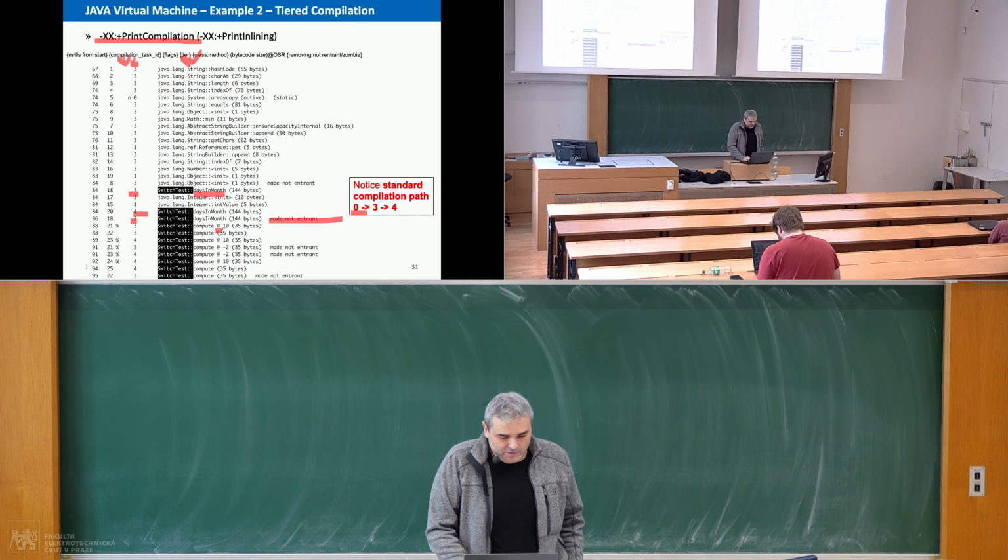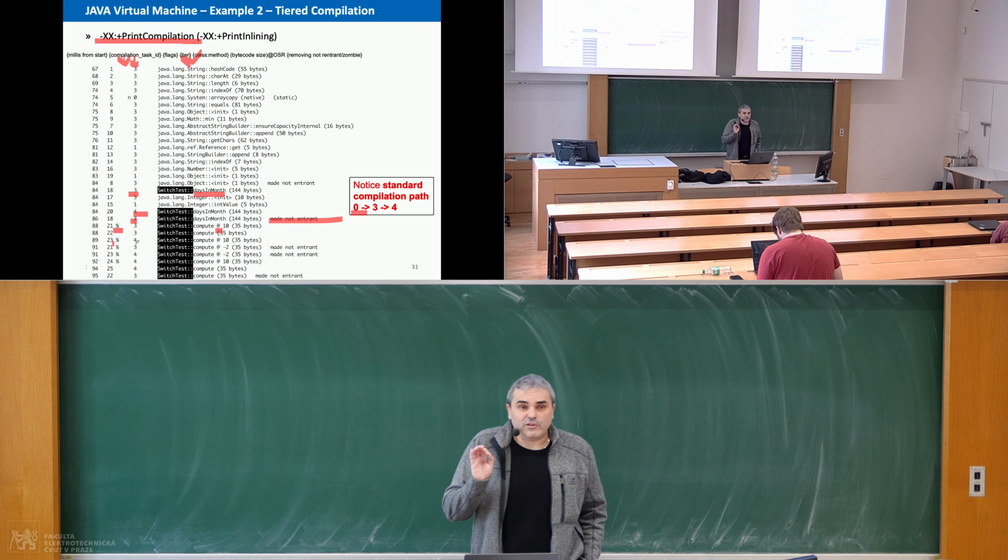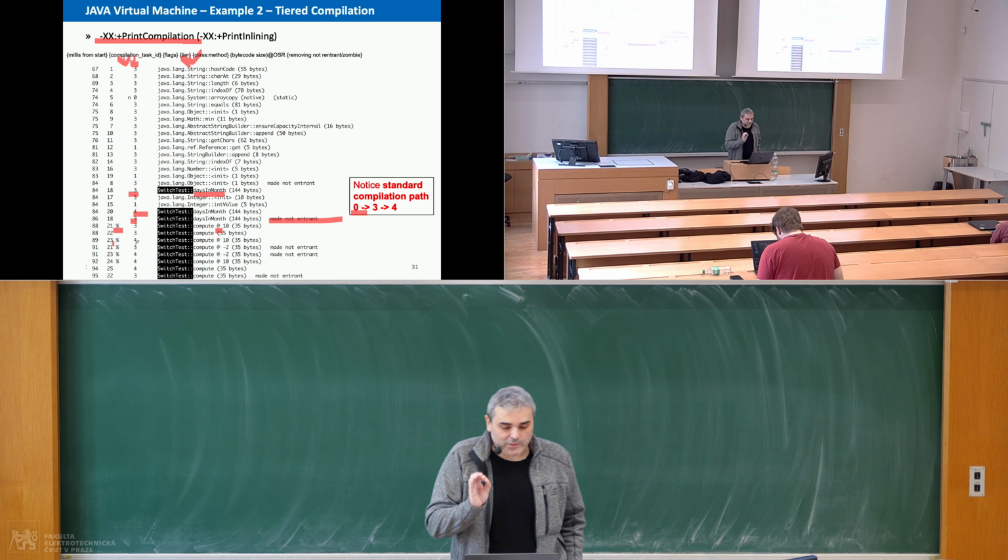And here, this percentage symbol, the important stuff, is on-stack replacement, where here you have add offset 10, add offset 10, and this -2 is there because it's a drop of the previous code.